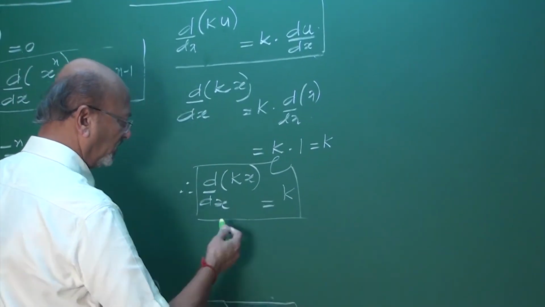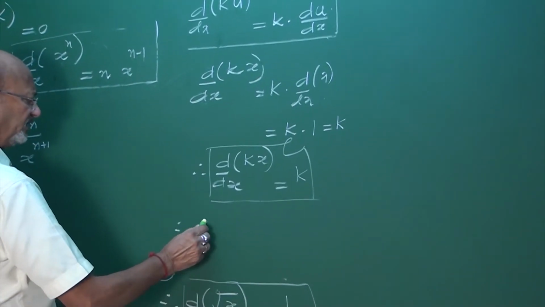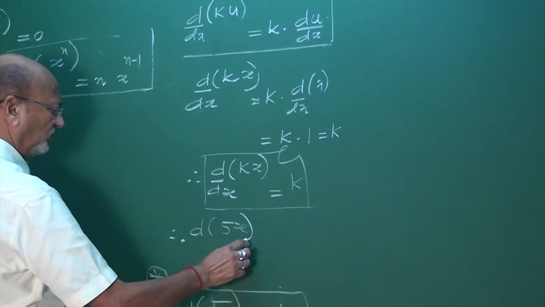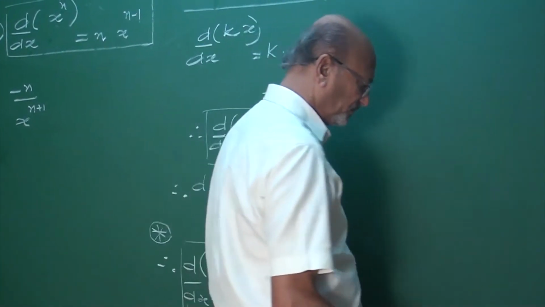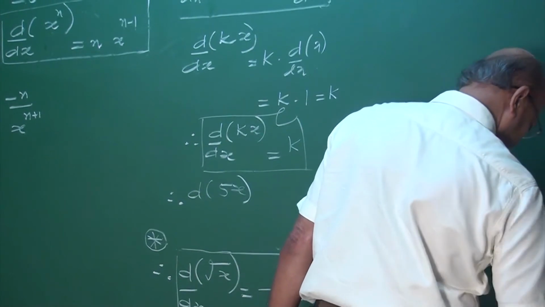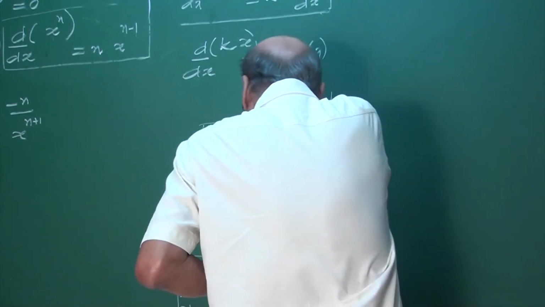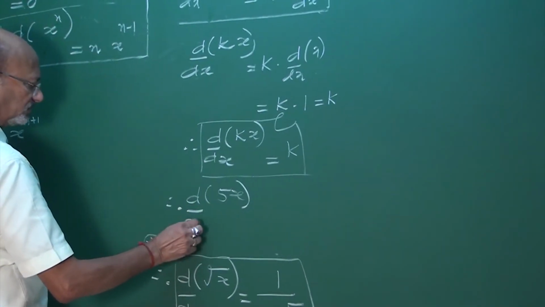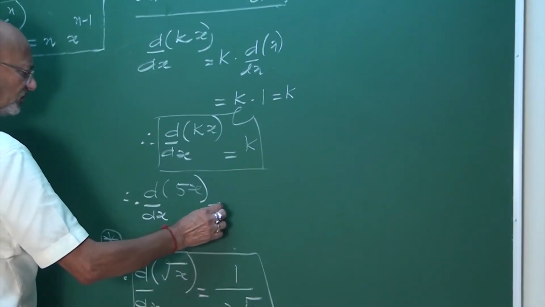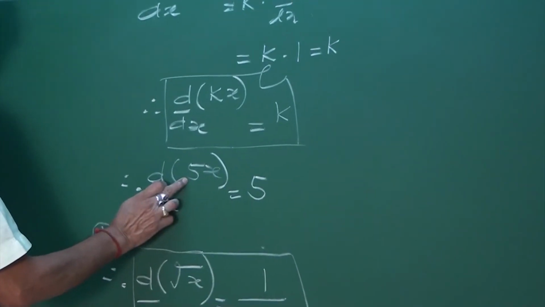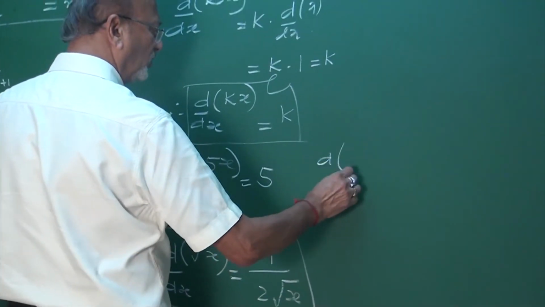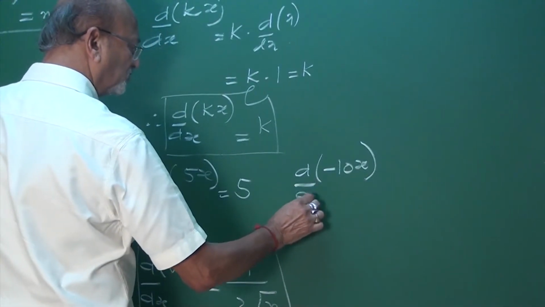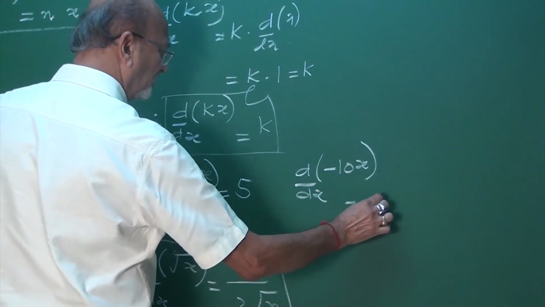While doing examples, I am writing directly. What is the derivative of 5x with respect to x? You can write directly the constant coefficient, 5. The derivative of minus 10x with respect to x is minus 10.